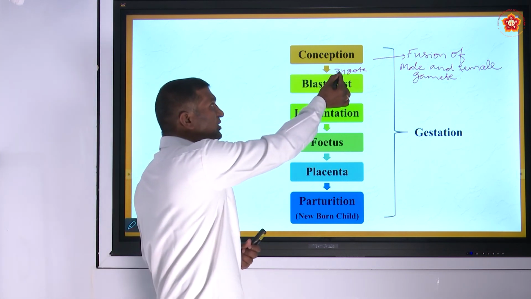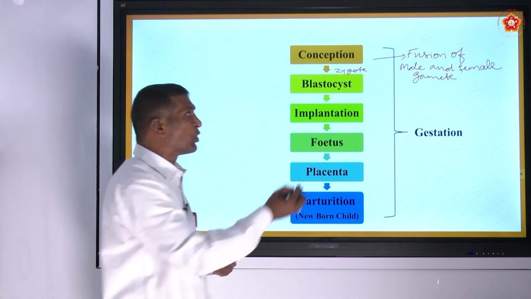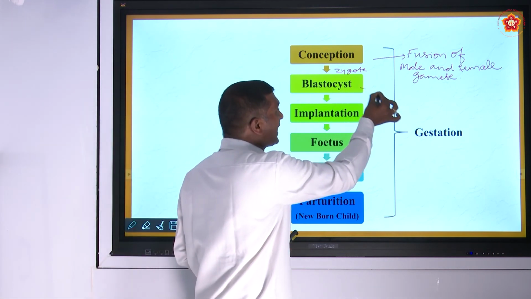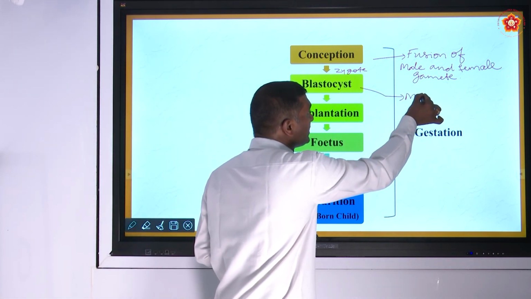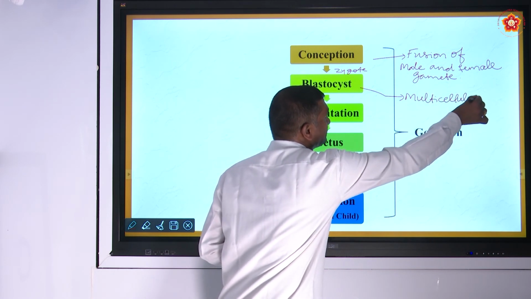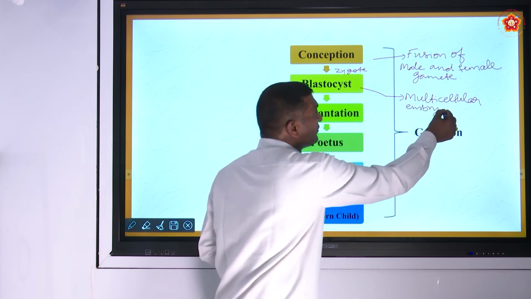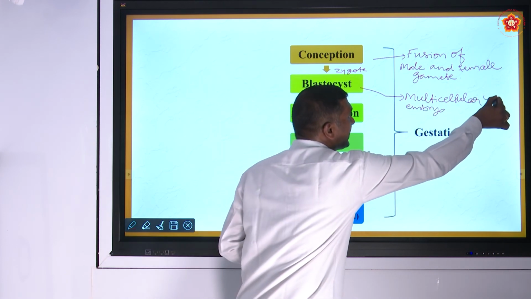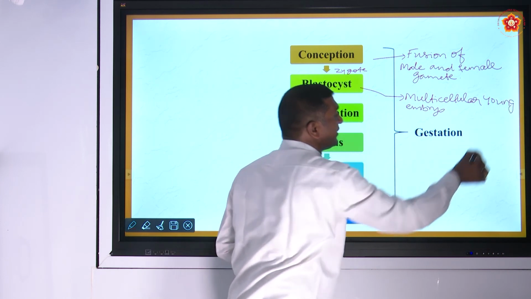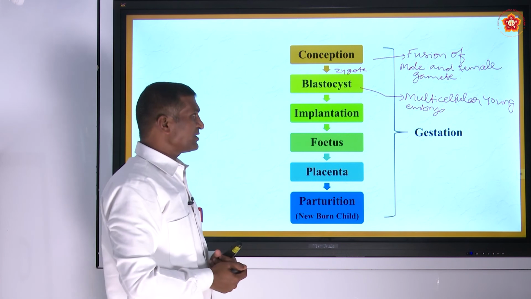That zygote develops into a multicellular young embryo, which we call a blastocyst.